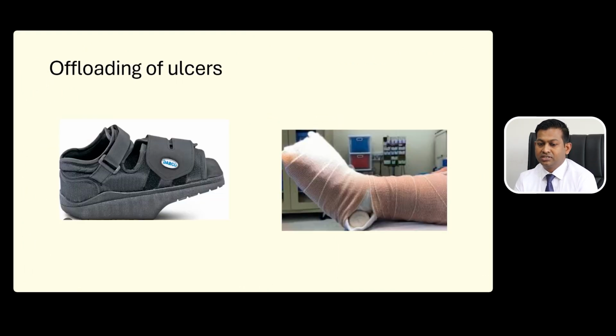Okay, I told that we will go through some offloading. So this is one of the fancy shoes, expensive, available. What we can do at a low cost level is this. This is available, a crepe bandage or a cotton crepe. Make sure there is good padding underneath so that there's no direct contact and there's no injury to this area.